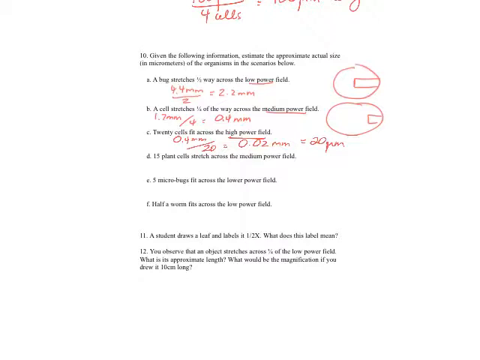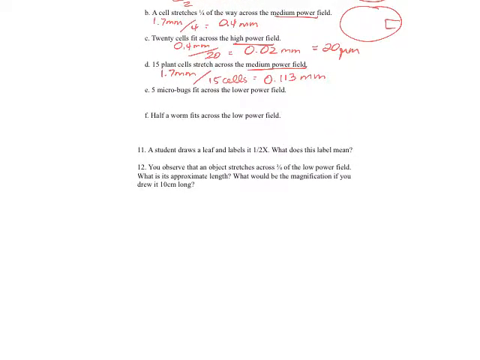15 plant cells, medium power, so 1.7 millimeters divided by 15 cells, 0.113 millimeters. 5 micro bugs fit across the low power fields, so 4.4 micrometers divided by 5.